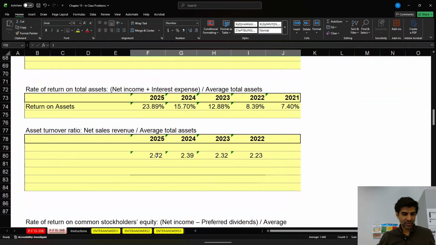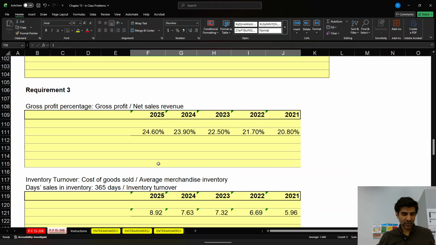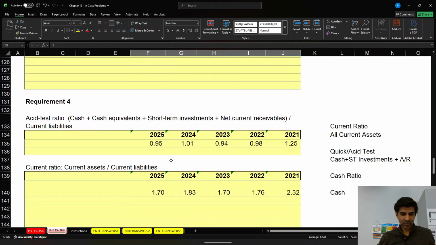Okay, maybe not. A little bit different, huh? So if they give it to you, just use that. There must be some other stuff within that current asset that they didn't want you to include.